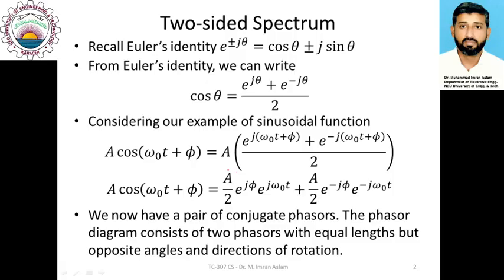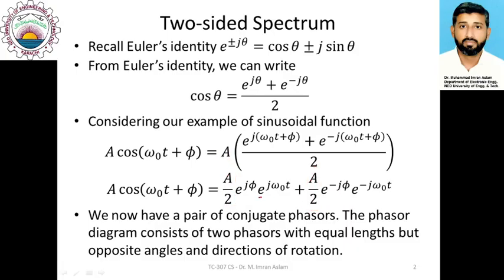The second thing to note is that the length of both phasors is the same, a by 2, which is half of the original length. The original function has length a, so the two phasors in this expression have half of that length. The phase angle remains the same, j phi, and for the second phasor you have the same phase angle but with a negative sign.